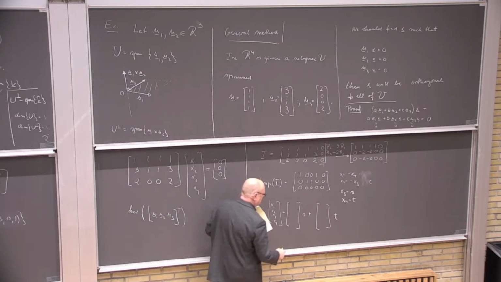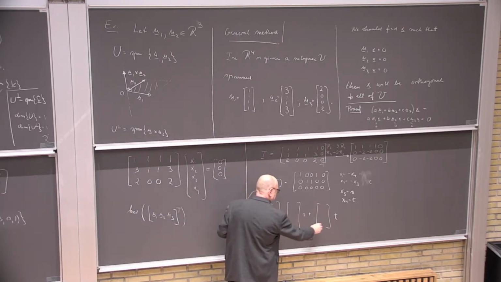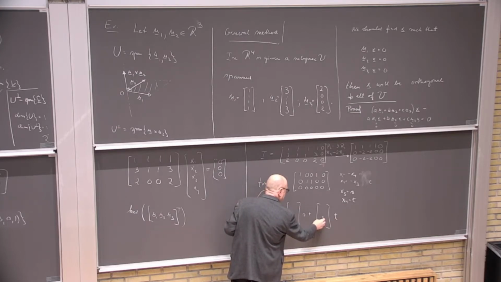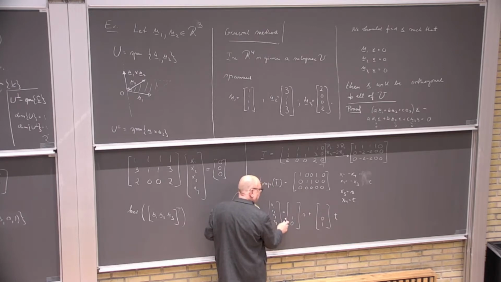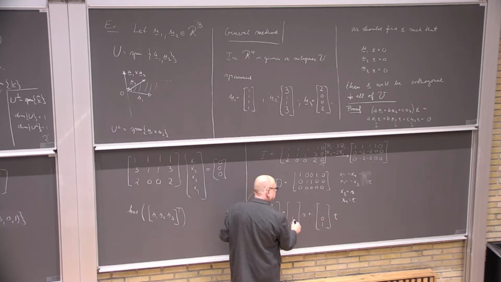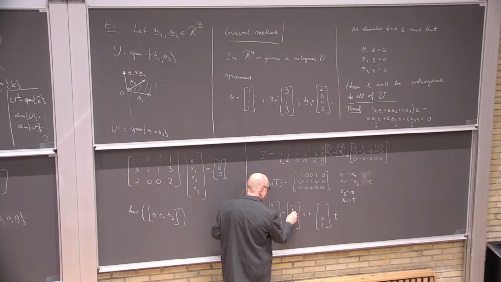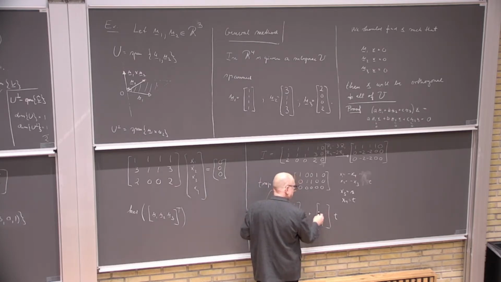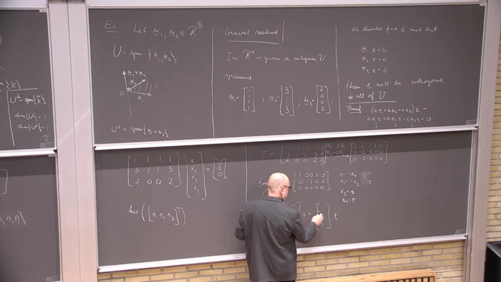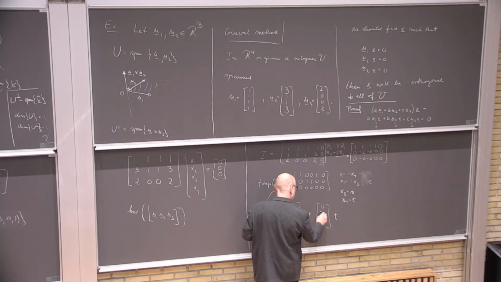Then you get a 1 here, and you get a 0 here. You get 0 or 1 here, and then x1 is minus x4. That is minus 1 here, and then x2 is minus x3, so you get a 0 here, and you get a minus 1 here.